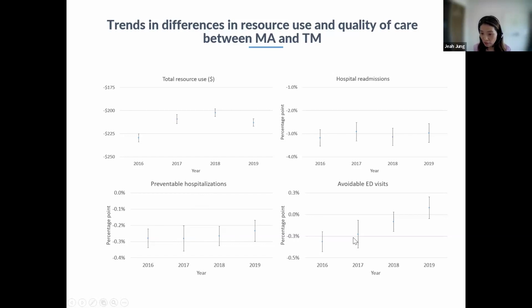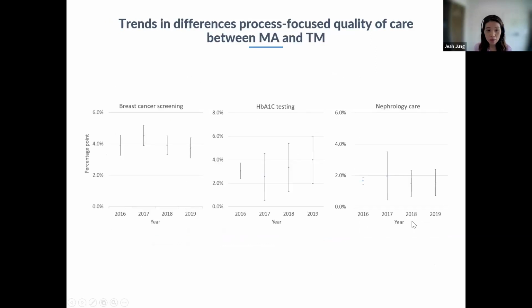For avoidable ED visits, it's interesting. MA plans reduced avoidable ED visits in the earlier years of 2016 and 2017, but in recent years we do not see a difference between MA and TM in avoidable ED visits. And these are the trends in differences in quality of care.